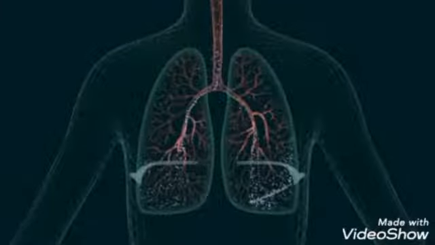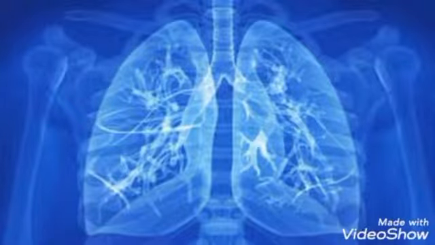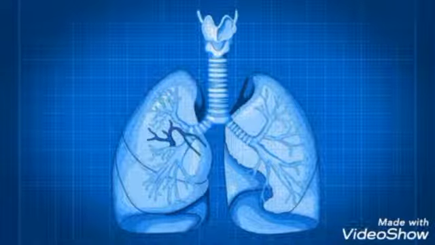The lungs are part of the respiratory system, but they are also important organs of excretion. They are responsible for the excretion of gaseous wastes from the body. The main waste gas excreted by the lungs is carbon dioxide, which is a waste product of cellular respiration in cells throughout the body.